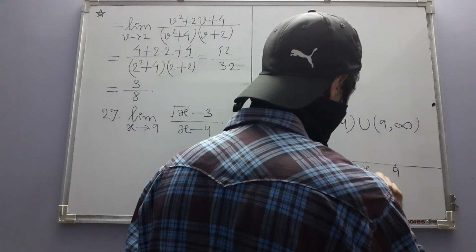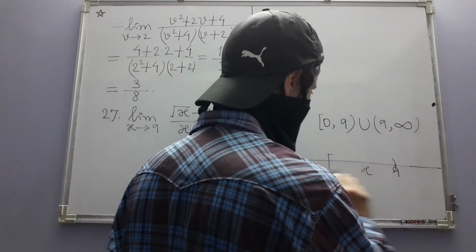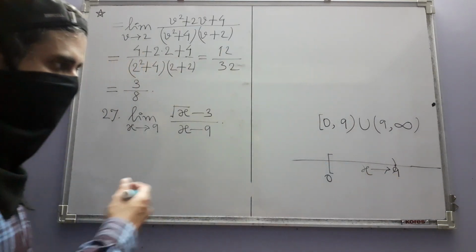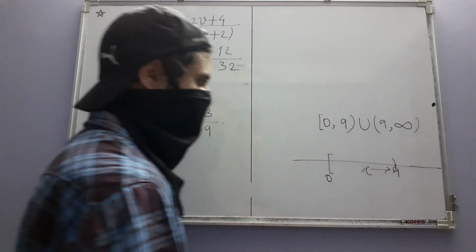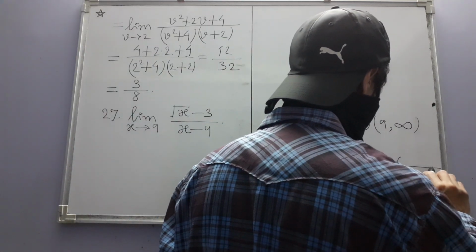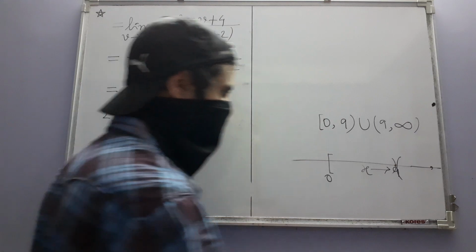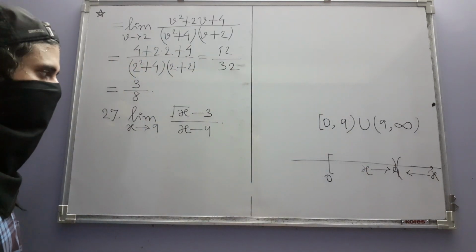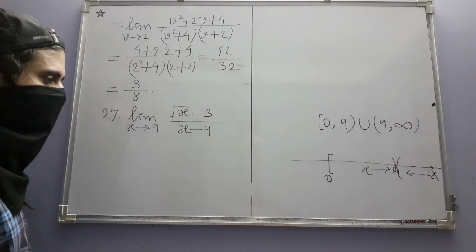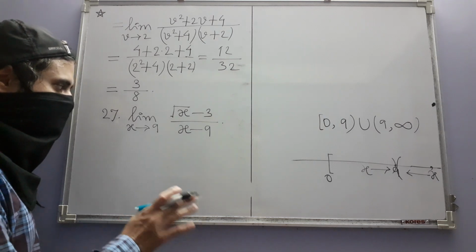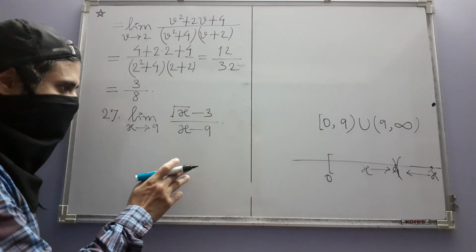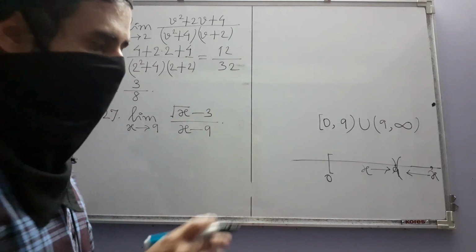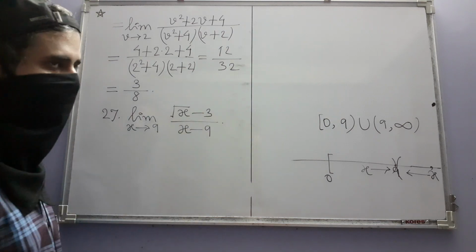Either you can take x here in this portion of the domain and take it towards 9, or you can take x here and then make it approach 9 like this. Why I am saying this? That's because you should at least have an idea of what type of x we are dealing with. All these things should be in the back of your mind.